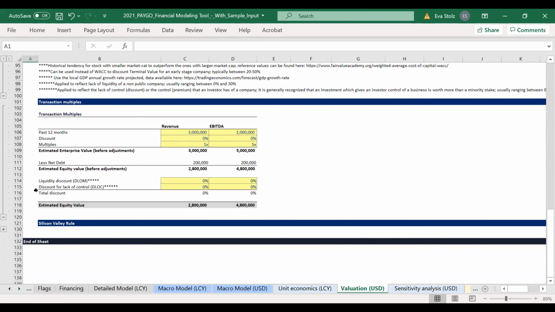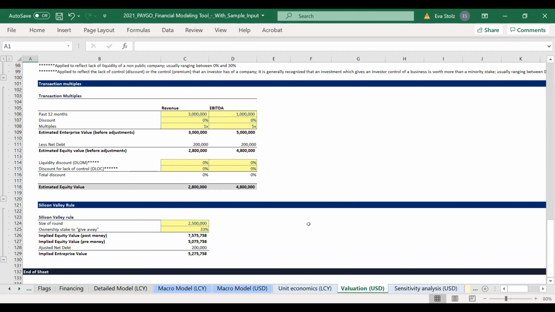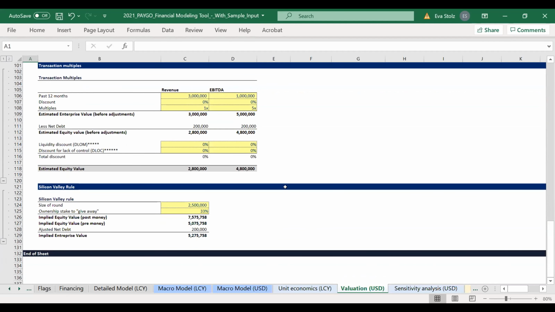And then the last one is a very simple rule of thumb, which we basically call the Silicon Valley rule. This is often used especially for early stage companies, also for pre-revenue businesses. It basically says that as a rule of thumb, a company should give away roughly between 1/3 and 1/4 of its shares at every investment round. So as an example, you can indicate here how much you are planning to raise.